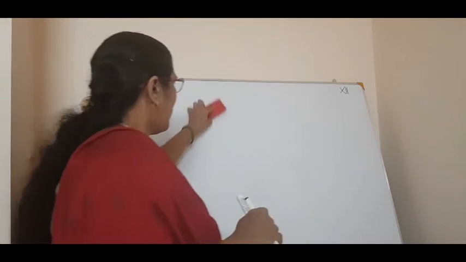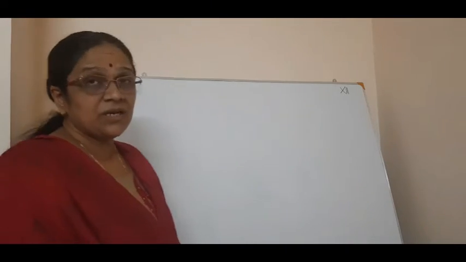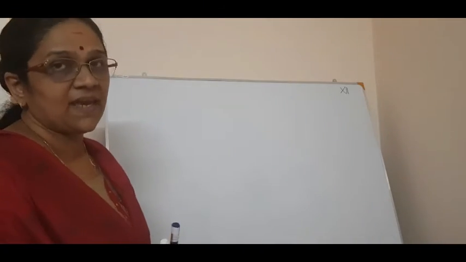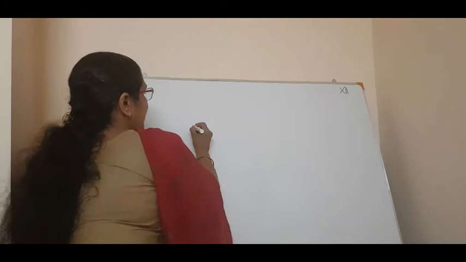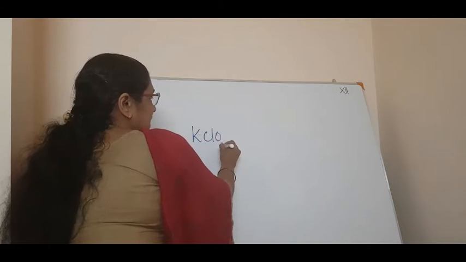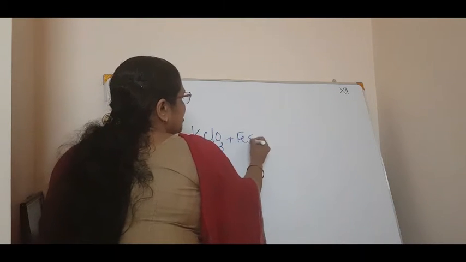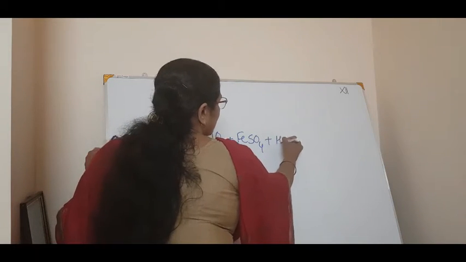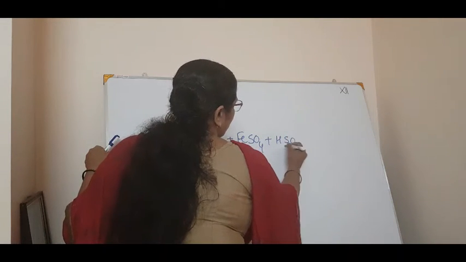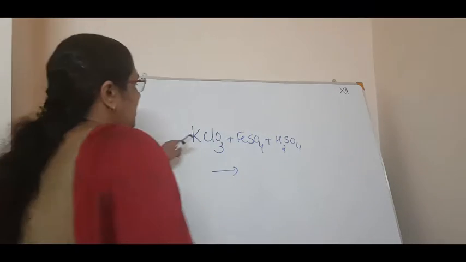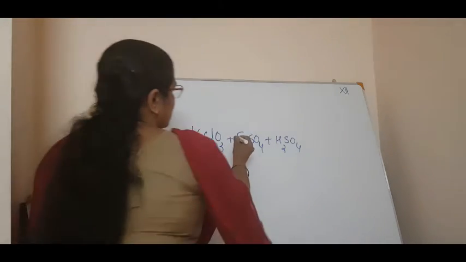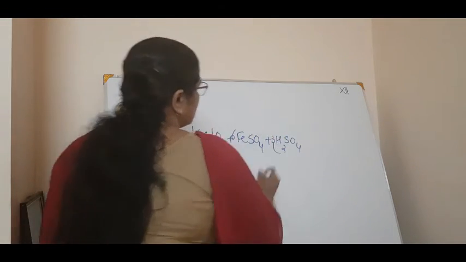Okay. Now we will see. Suppose you have a complex reaction, say. Listen, KClO3 plus FeSO4 plus H2SO4, it is in a textbook. See, in this reaction, this is 6, this is 3.